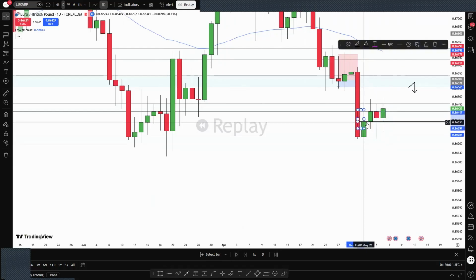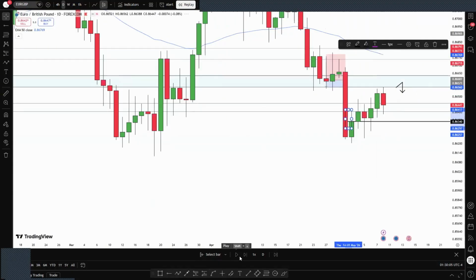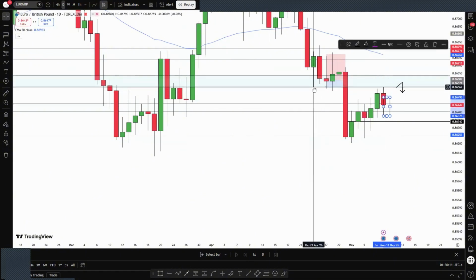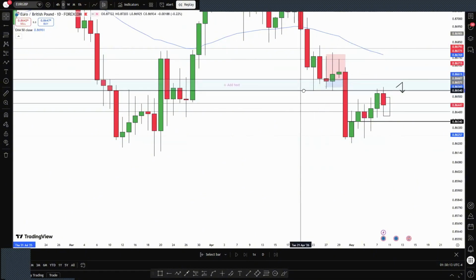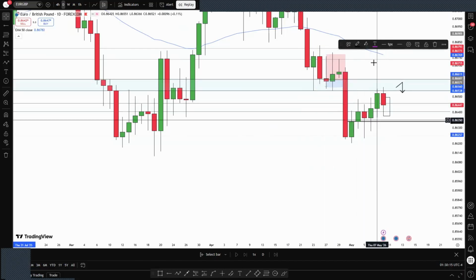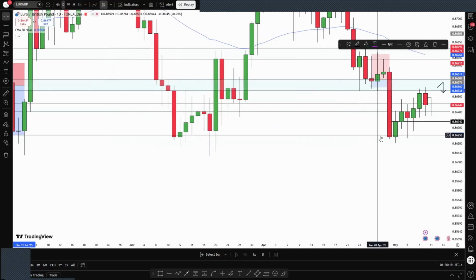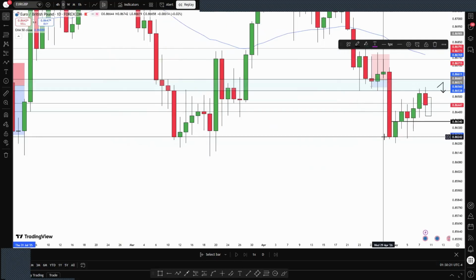But see what happens. Price keeps on going up now, and it rejects this zone again, but it fails to engulf, because this is the level where price dropped from. This is where we made the new lower low at this level.